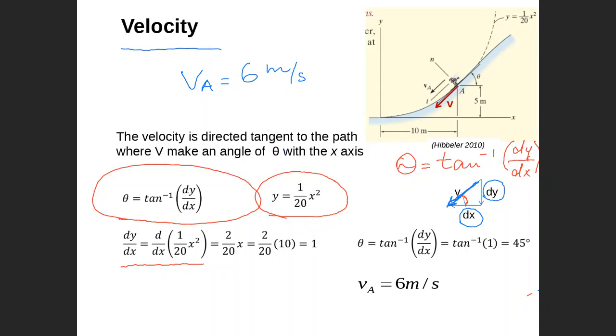When we take the x derivative, we get the following result: 2 divided by 20 multiplied by x. We are interested in point A, and the coordinate of point A is given over here. This is the x coordinate and this is the y coordinate. We are interested in the x coordinate. That's all we need to estimate tangential direction. X is equal to 10 meters, and that's what we substitute over here.